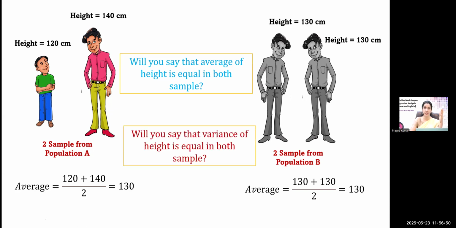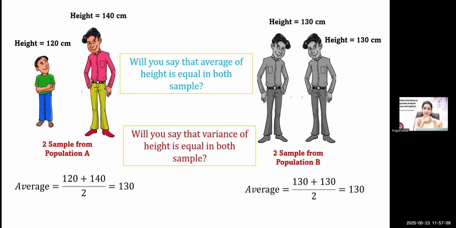So that's what we call the concept of homoscedasticity. If I see these two averages, can I say that the average height is equal in both samples? Yes or no? Yes, ma'am. Okay, average is yes.